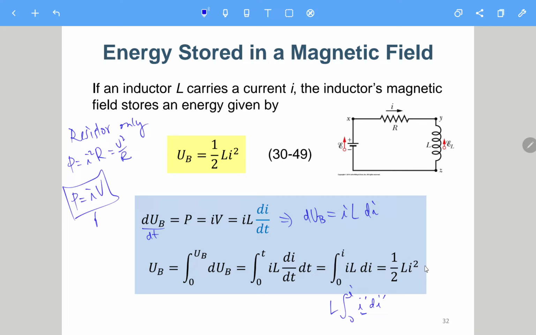So this is the energy stored in the magnetic field, and comparing with the energy stored in the E field, it is 1/2 C V squared. So this is the duality between the B field and E field, and the inductor and capacitor.